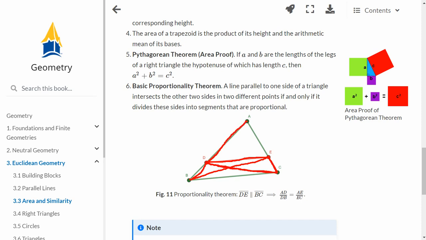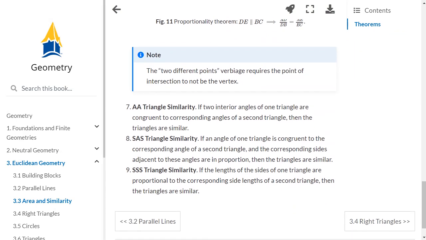This triangle is equal to itself, and we do some wizardry with altitudes and creating the area formulas for these triangles, and then we can set up equations and divide through by areas and get the proportion that we need. So you should definitely take a look at that video and understand that. The reason is because every single triangle similarity condition requires that basic proportionality theorem.